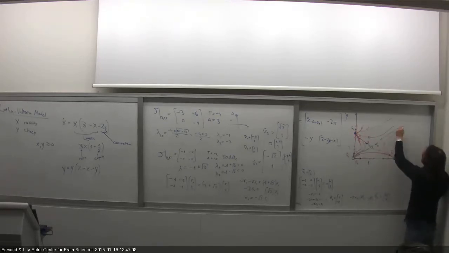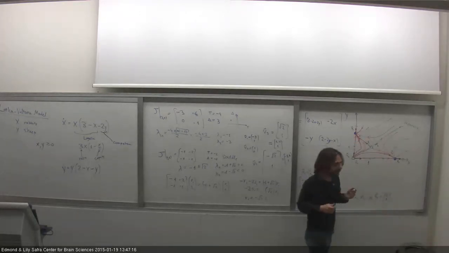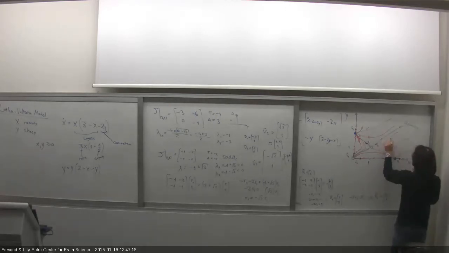So this curve is called a separatrix. And these two areas are called the basins of attraction for their respective fixed points.